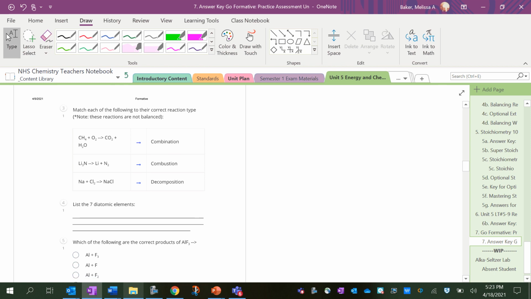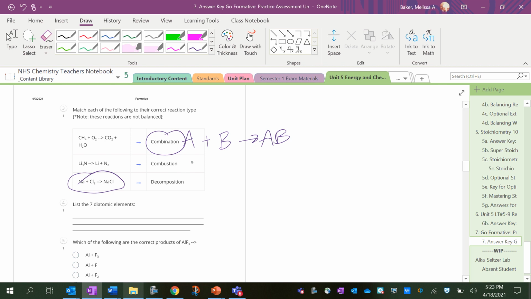Match each of the following with their correct reaction type. Well, combination is when you've got A plus B making AB. So are there any that look like that? One thing to the right of the arrow, and that would be this one. Na plus Cl2 makes NaCl.